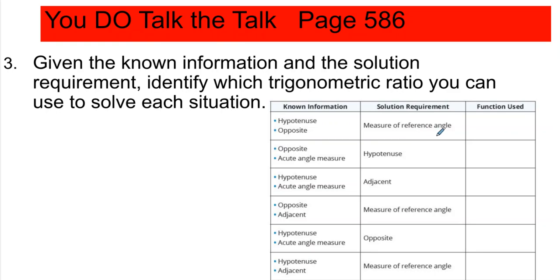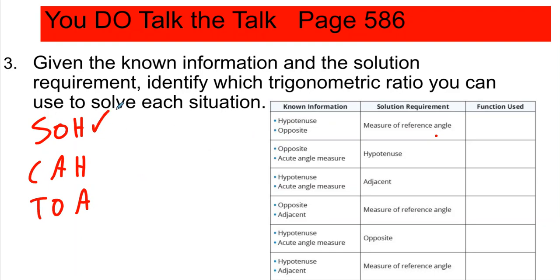So for the first one, if I have the hypotenuse and the opposite side, well, opposite and hypotenuse, that's sine. And then the solution requirement is to tell me the measurement of the reference angle. Well, solving for an angle would be the inverse, so that would be inverse sine. So go and finish this table, and it's good thinking.